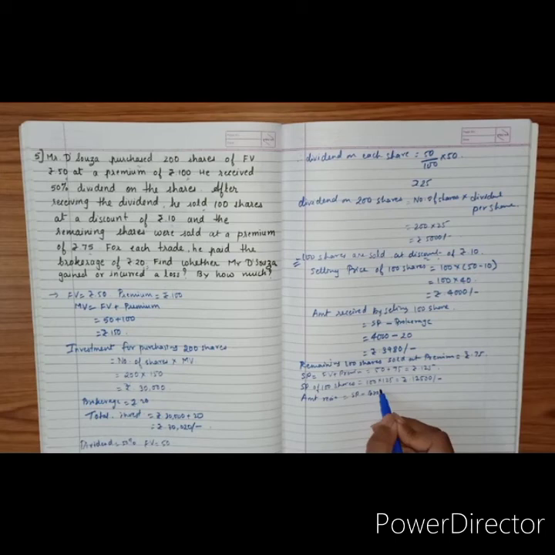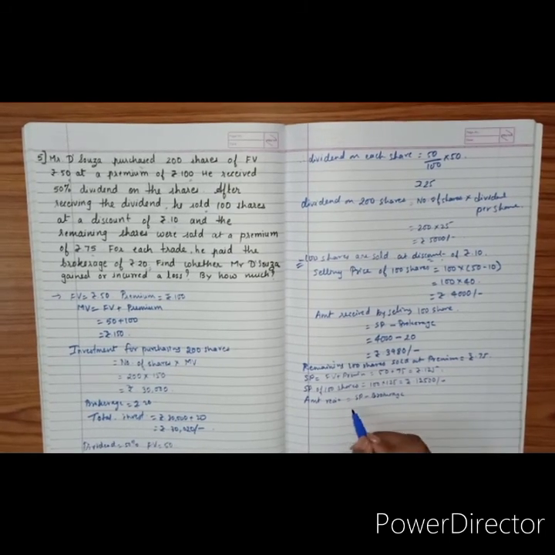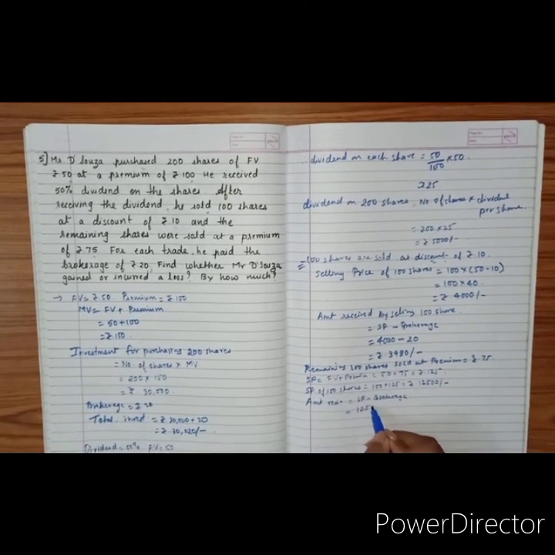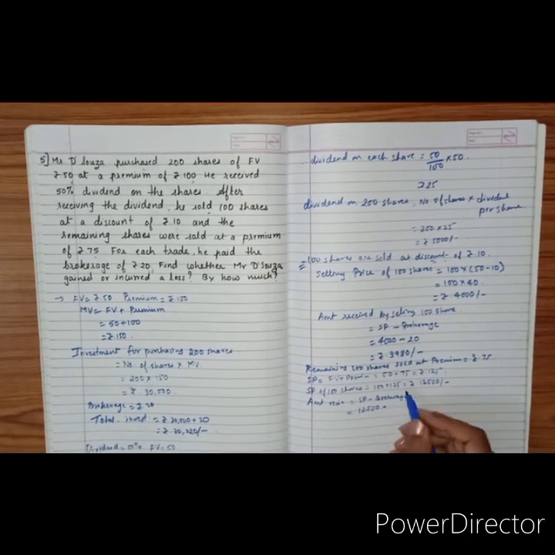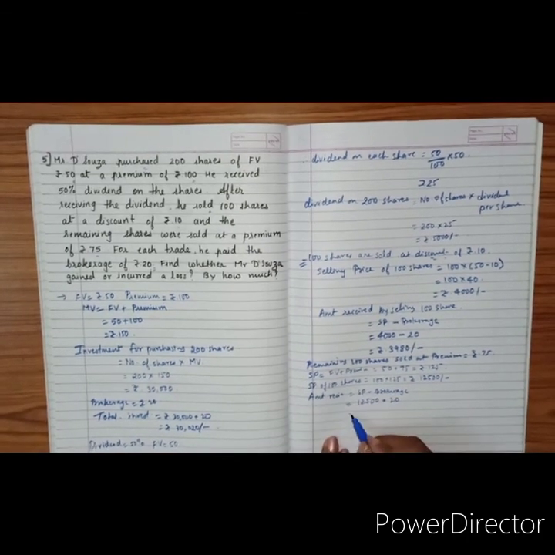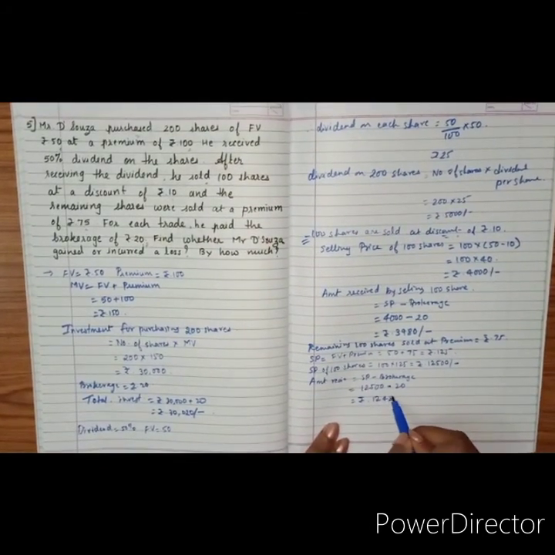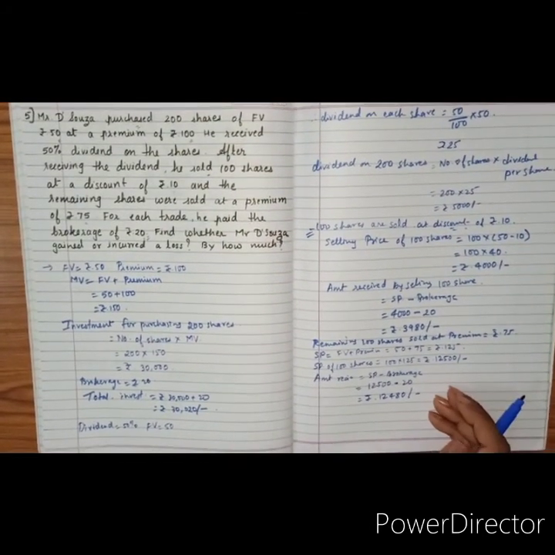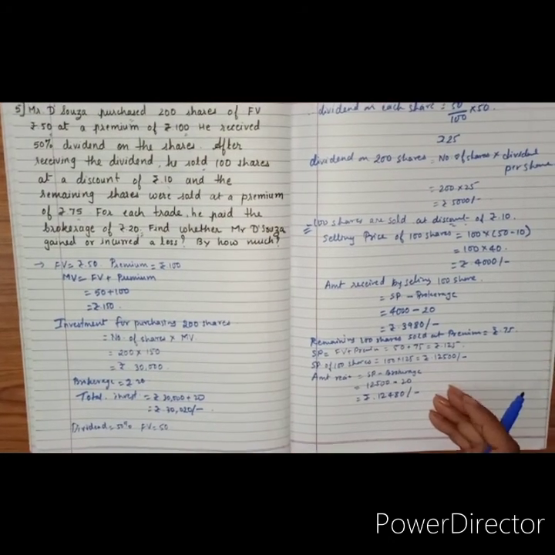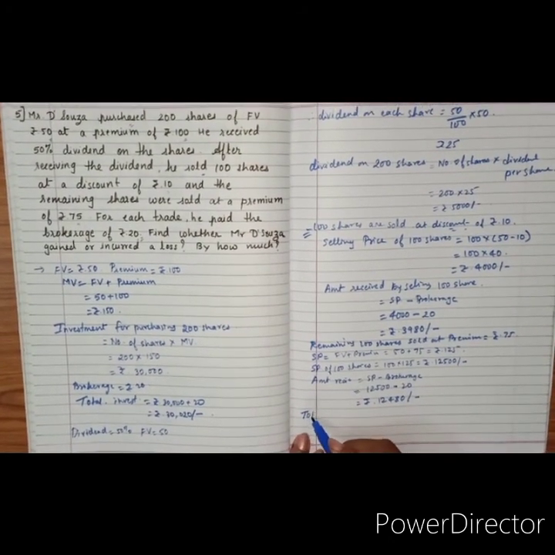For selling he will have to give a brokerage. The selling price is 12,500 minus the brokerage of 20 rupees. Therefore, the amount that he is going to receive is 12,480 rupees.